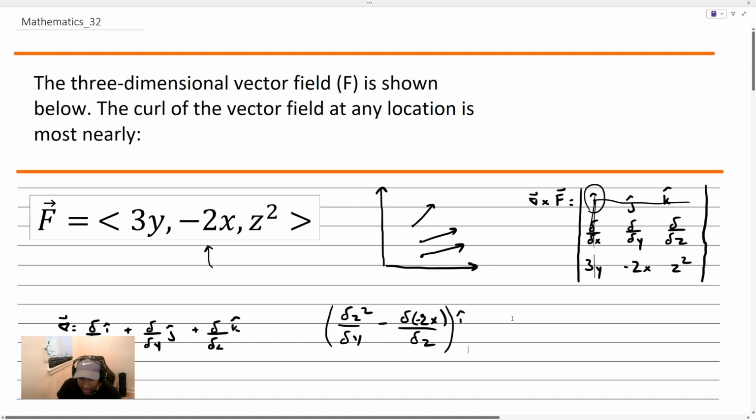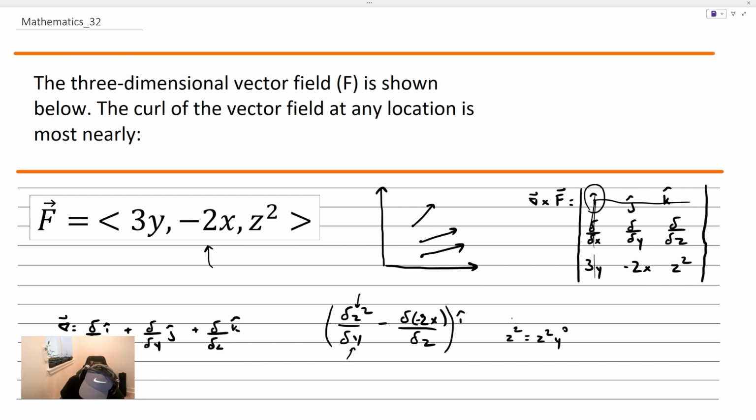And first thing I'm seeing is that if you take a partial derivative with respect to a variable that's not contained in the function, like you can see this is a function of z, and we're taking a partial with respect to y, we're going to get a 0 value there. That's essentially like having z squared y to the 0, right? y to the 0 is 1, and 1 times anything is itself. So this is equivalent to just z squared.